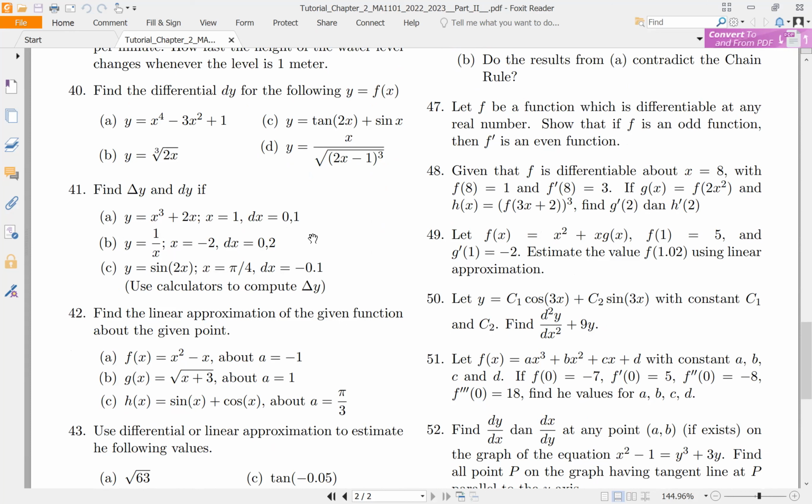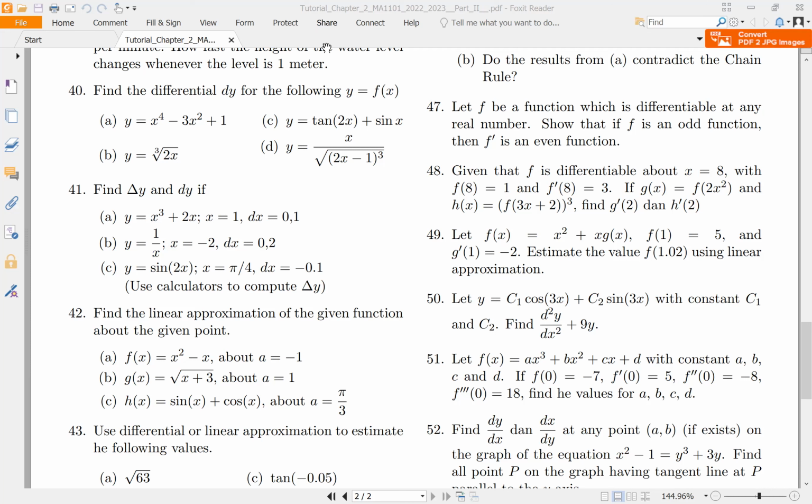The question is to find the differential dy for the following function y equals f of x, where the formula for f of x is given in each part, a, b, c, and d. For example, if I consider 40a, then y equals x to the power of 4 minus 3x squared plus 1. Then we want to find dy. What is the differential?